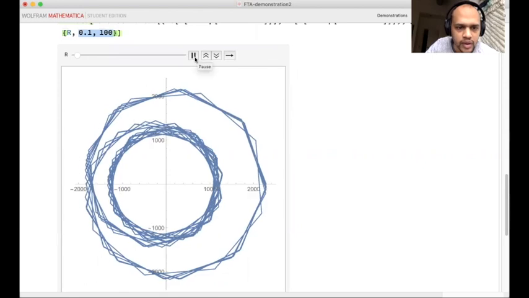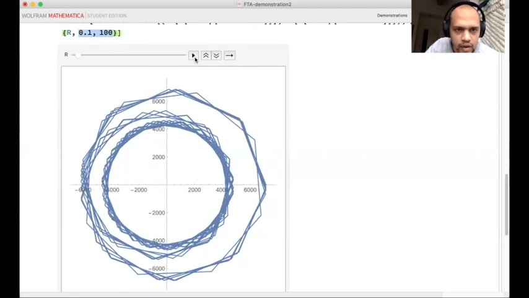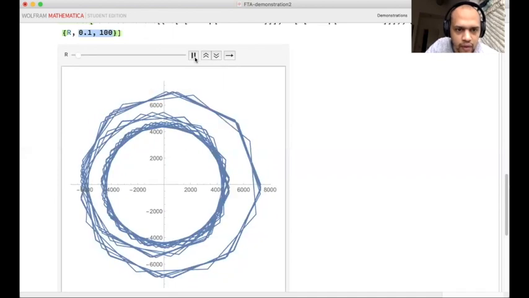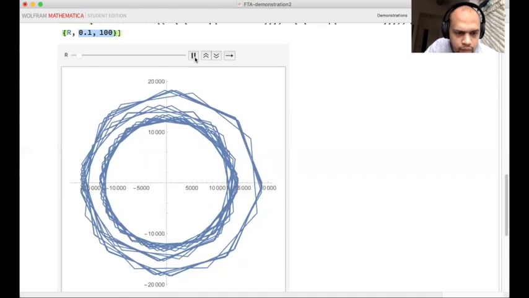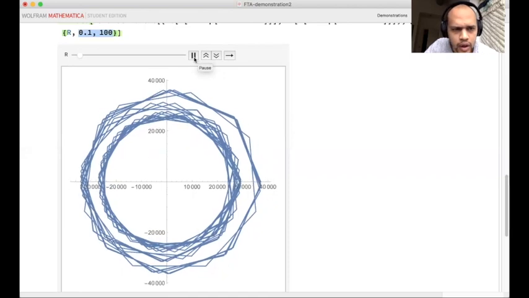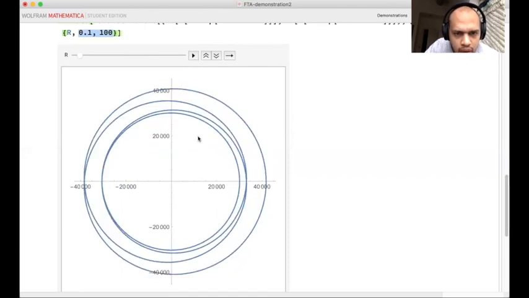We could just play this and see what happens. It looks crazy because it can't render this very quickly. But something seems to be going wrong. This is winding 1, 2, 3, 4.